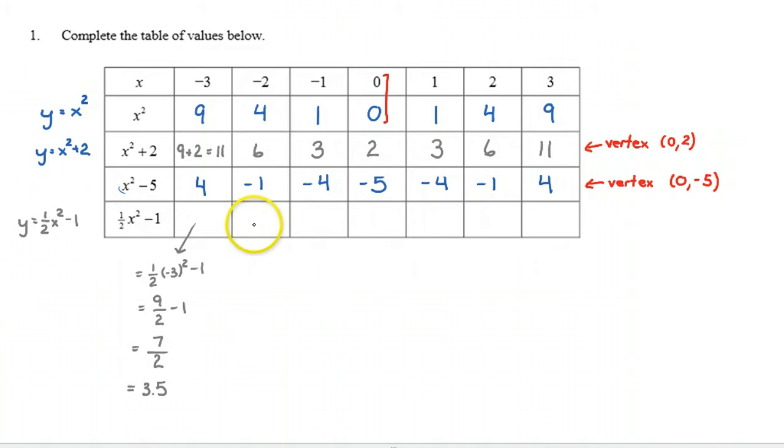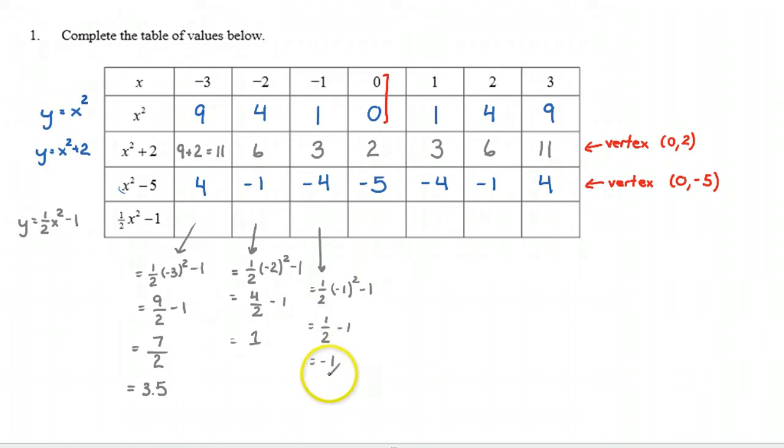Now let's do the same thing here. This is equal to 1/2 times negative 2 squared minus 1, which gives me 4 over 2 minus 1, which gives me 1. Now we'll come here. We get 1/2 times negative 1 squared minus 1, which gives me 1/2 minus 1, which is minus 1/2.